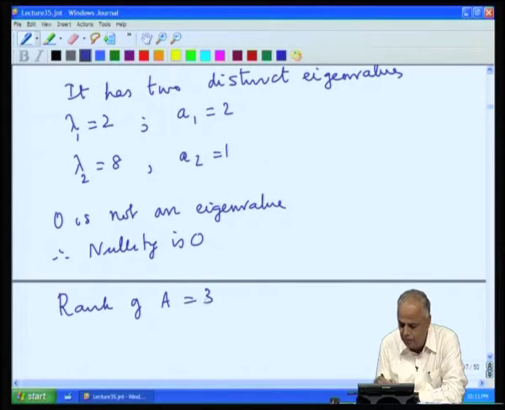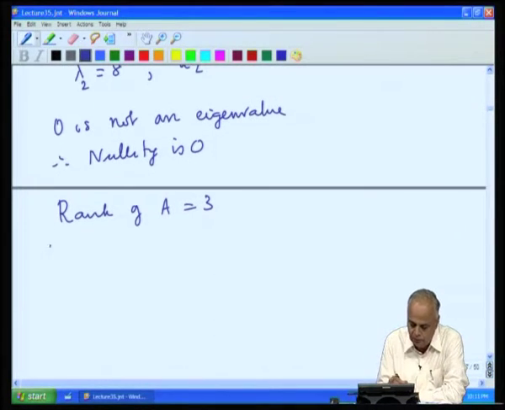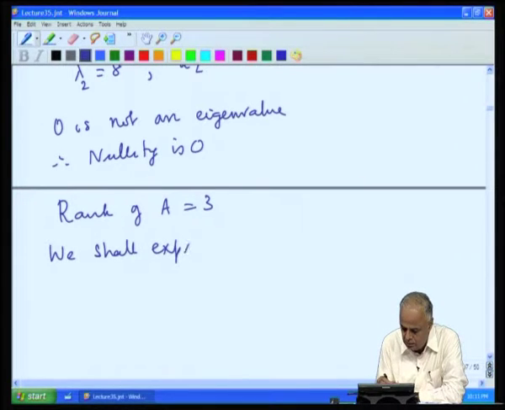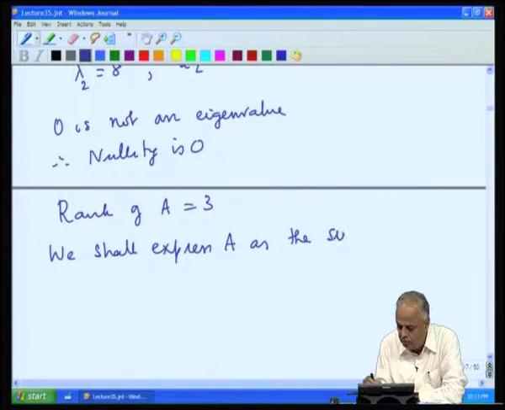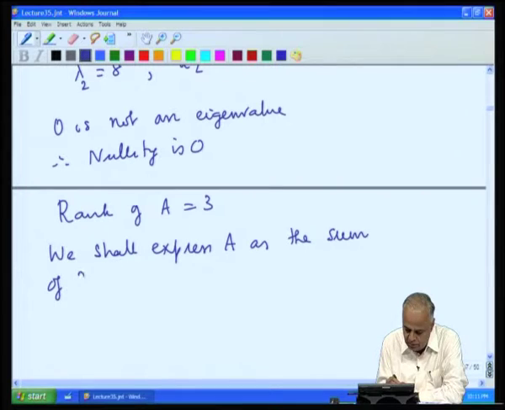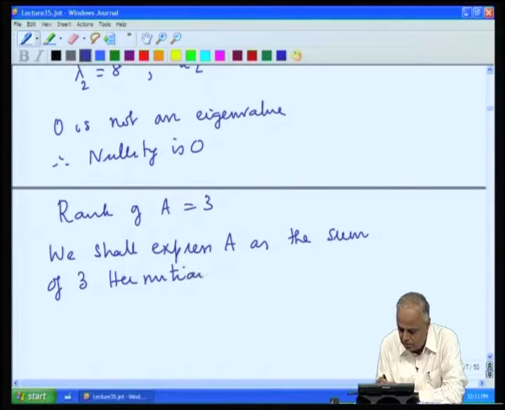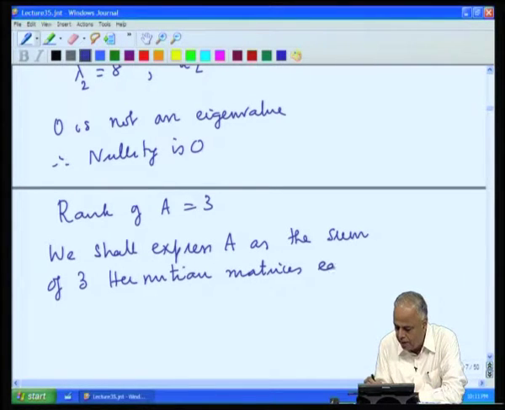Since the rank is 3, we shall express A as the sum of 3 Hermitian matrices, each of rank 1.